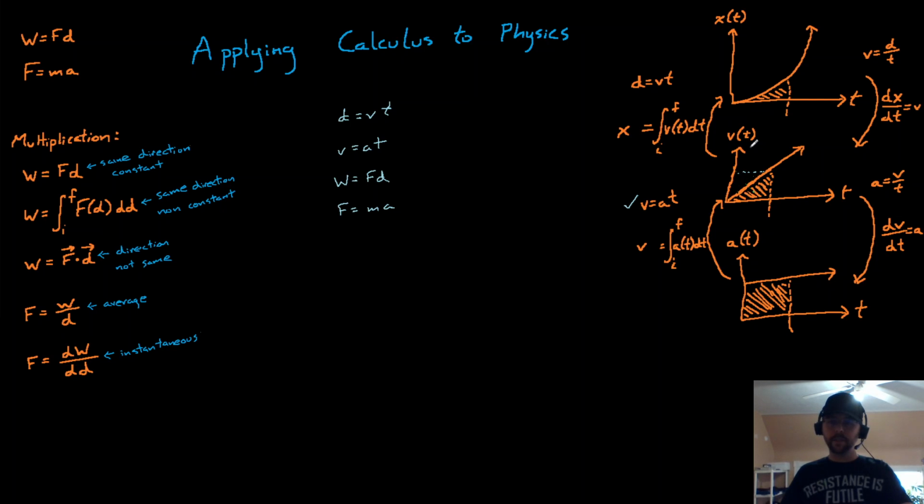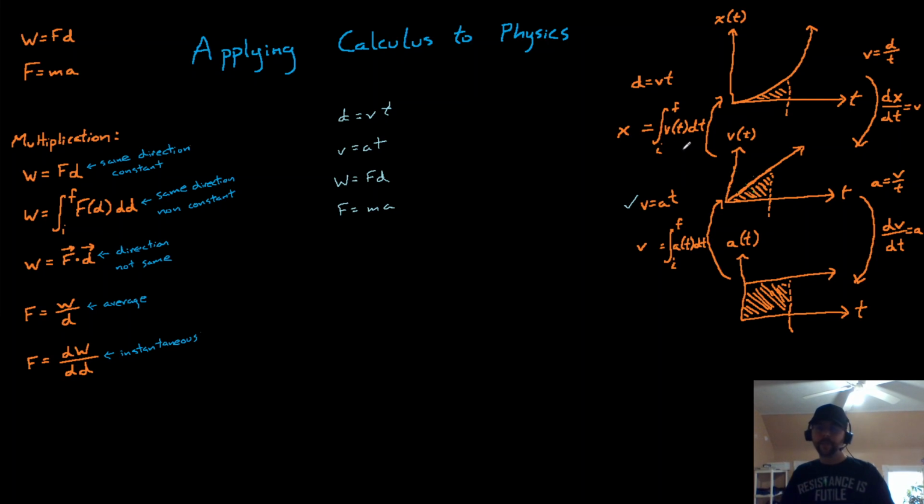If it's not constant, then what you'd have to do is the integral, because the integral gives you the area under this curve. So to get from displacement equals velocity times time to this graph, you would take displacement, which here I made an x instead of a d, but I mean displacement, equals the integral from the initial independent variable value to the final independent variable value of velocity as a function of time times dt.